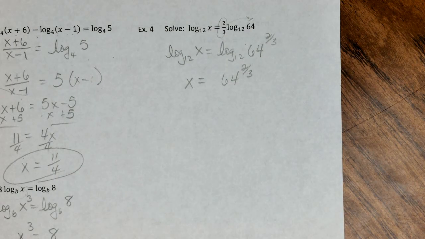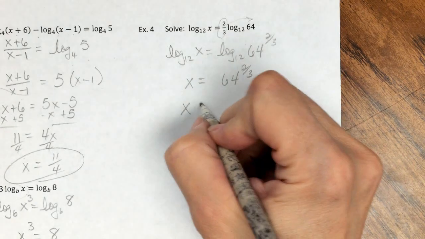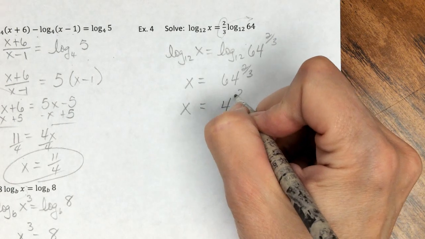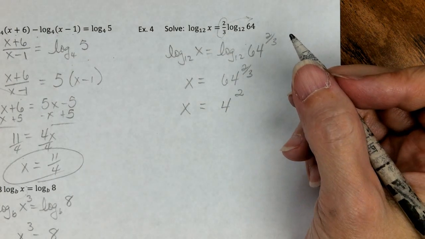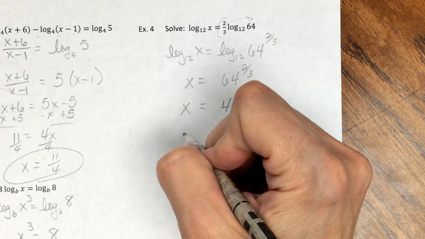And now we're going to simplify this. So the cube root of 64. What do you take times itself 3 times to get 64? That'd be 4, right? So x equals 4 squared. So I did the cube root first. And then 4 squared is 16.